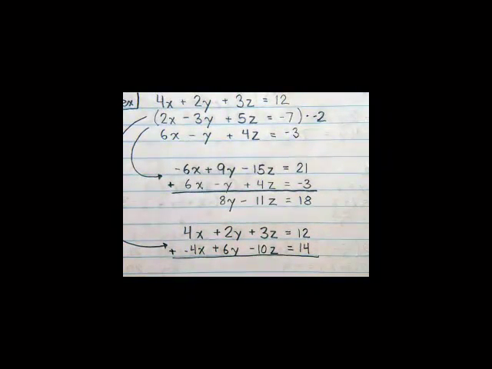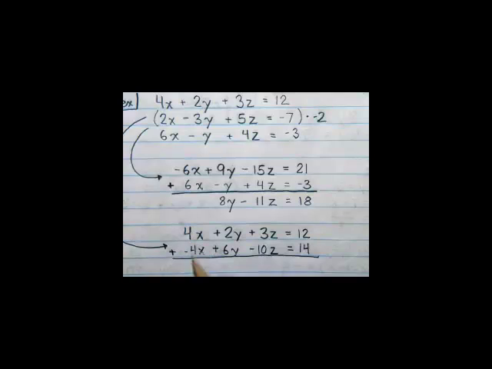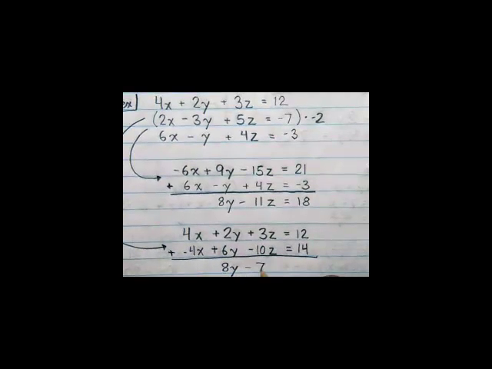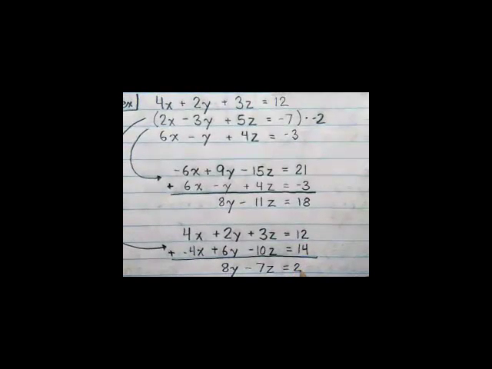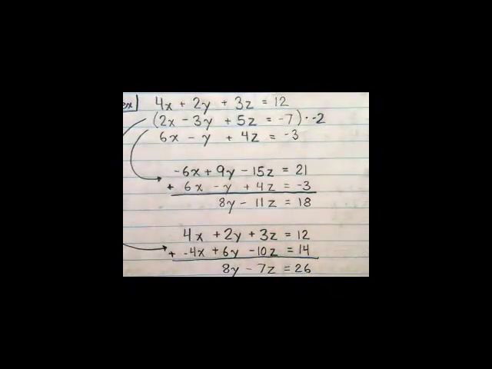Okay, they're all lined up nice again, so we add up the x's, the y's, the z's, the constants at the end. So x's are gone, the y's, we have 8y. 3 minus 10z would be -7z, and 12 plus 14 is 26. Okay, so we've got 8y minus 11z equals 18. And we've got 8y minus 7z equals 26.